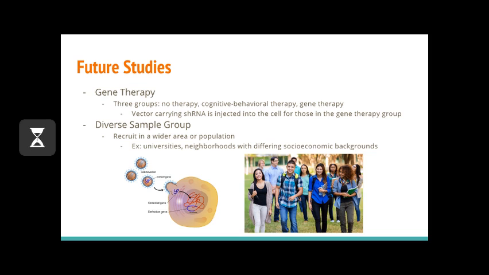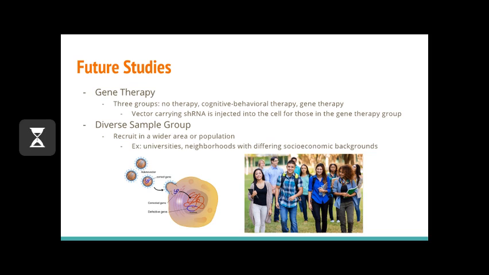The second direction that we would take is to recruit a more diverse sample group. A lot of the studies that we read focused on specific groups, which made it a little bit harder to generalize the study that they conducted to the entire population. Because of this, we would like to recruit in a wider area or population.